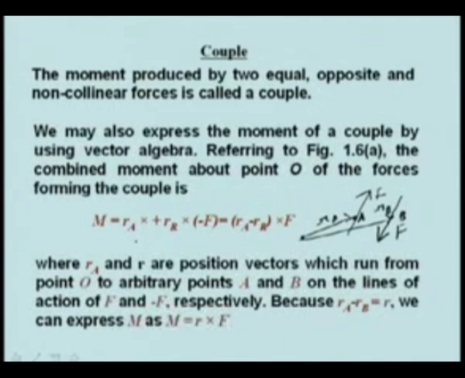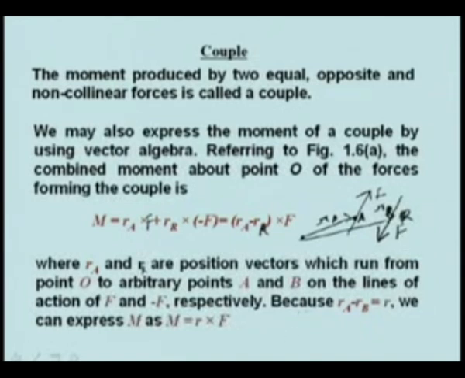So, M will be equal to r A cross F plus r B cross minus F, that is, it will give (r A minus r B) cross F. If we indicate it by r, r A and r B are position vectors which run from point O to arbitrary points A and B on the line of action.